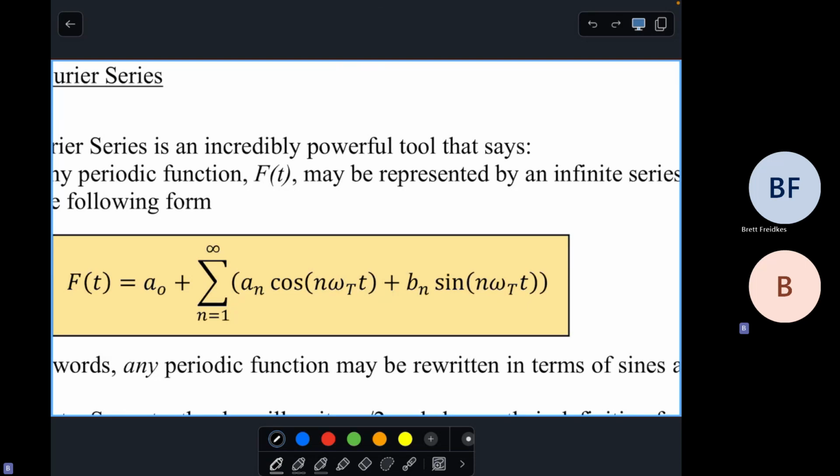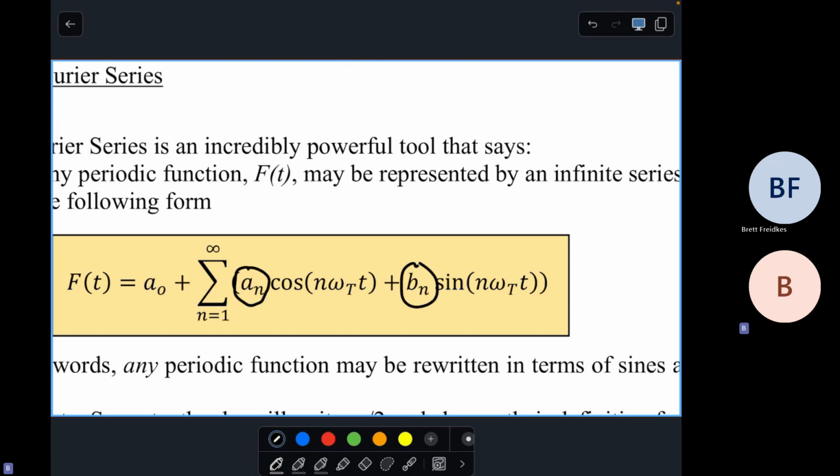To summarize this, what we are trying to do is to break down a periodic function into an infinite sum of sine and cosine waves at different frequencies, where each of those individual sine and cosine waves can have different amplitudes. The amplitudes are the A sub n and the B sub n.